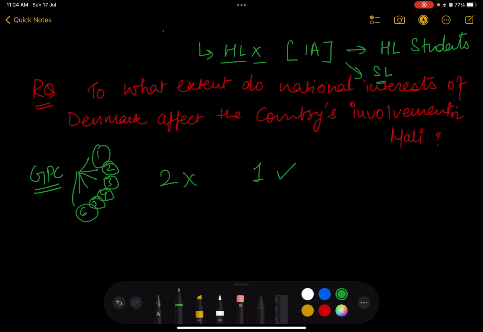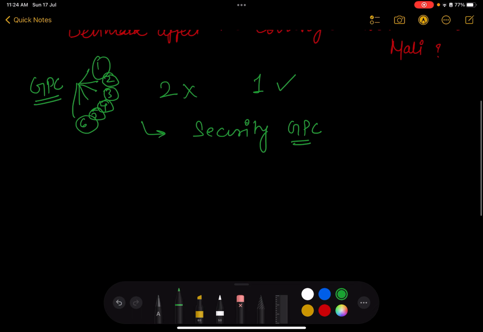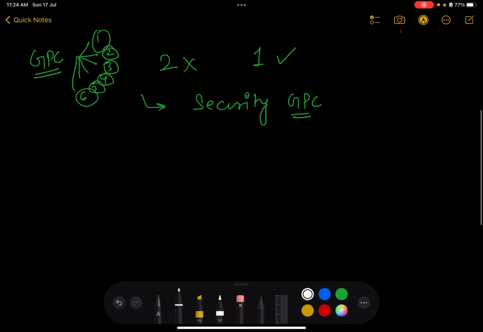All right. So in terms of the global political challenge, we see that national interests often affect the international community's ability to promote local security. So this is the individual national interest of different countries. Hence, I'm talking more at the level of security, which is your GPC. All right, so far so clear.